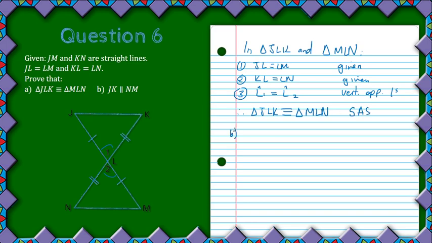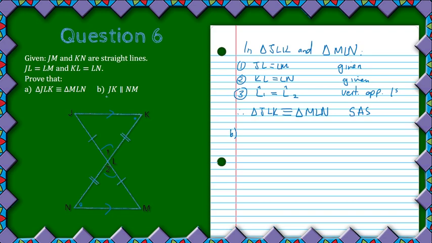Now for B, we have to prove that JK is parallel to NM. So JK being parallel to NM, we're going to first start by saying that since we have just shown that these two triangles are congruent, we know that K should be equal to N. That's some of the remaining angles of these two triangles. So since these two angles are alternate angles, and since they are equal, that means the lines that form these alternate angles need to be parallel.